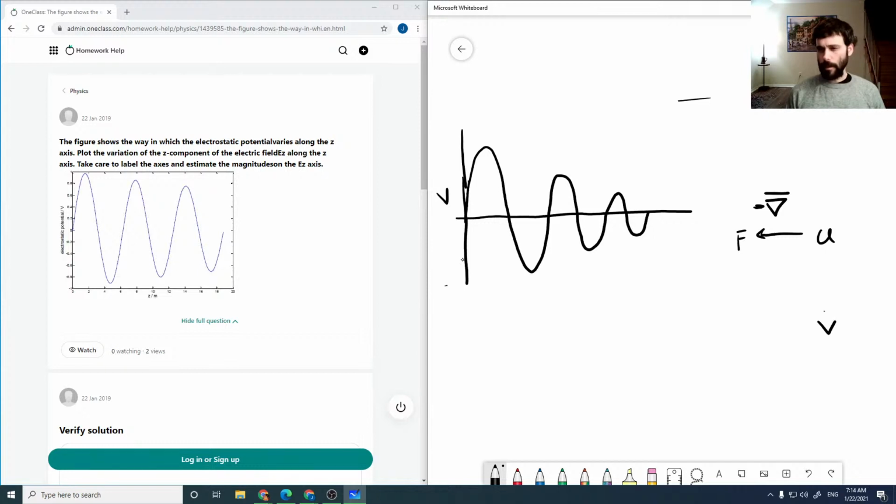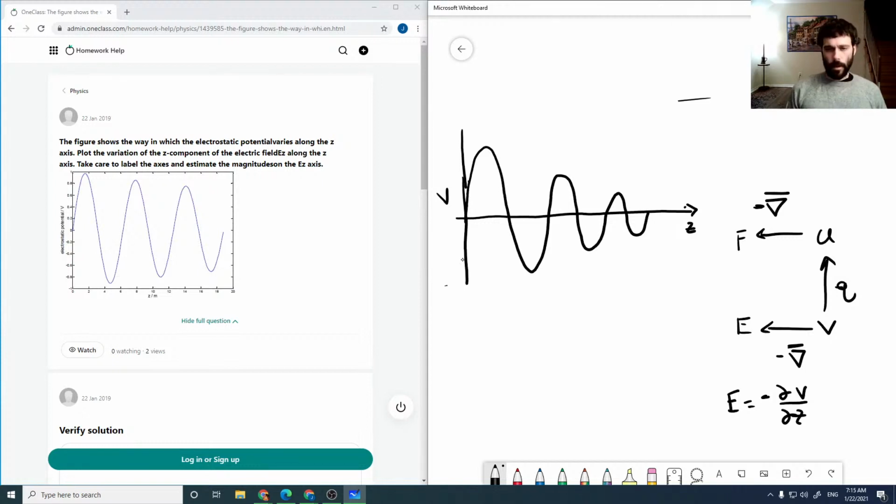I can get from potential to potential energy by multiplication by Q, the charge, and I can get from potential to E field by multiplication by my derivative vector. Now here I'm just talking about the Z direction, so my E field is just the minus derivative of my potential with Z.